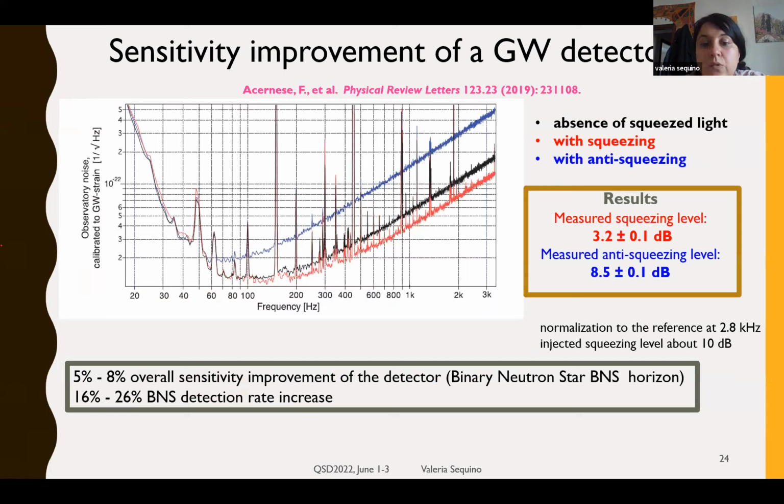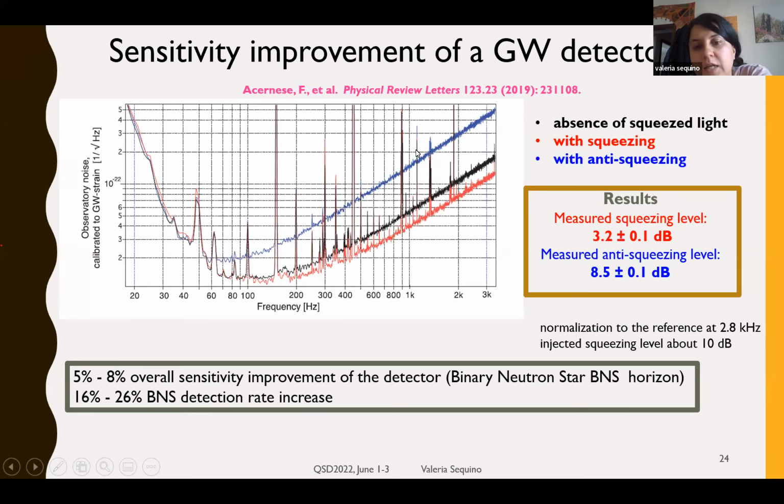This system brought good results. This is the sensitivity curve of Advanced Virgo, the one that participated in the last scientific run and in the detection of many gravitational wave candidates. Here we can see the sensitivity curve without squeezed light and with squeezed light, and we see a sensitivity improvement of 3.2 dB. Here in blue we see the measurement of the anti-squeezing.